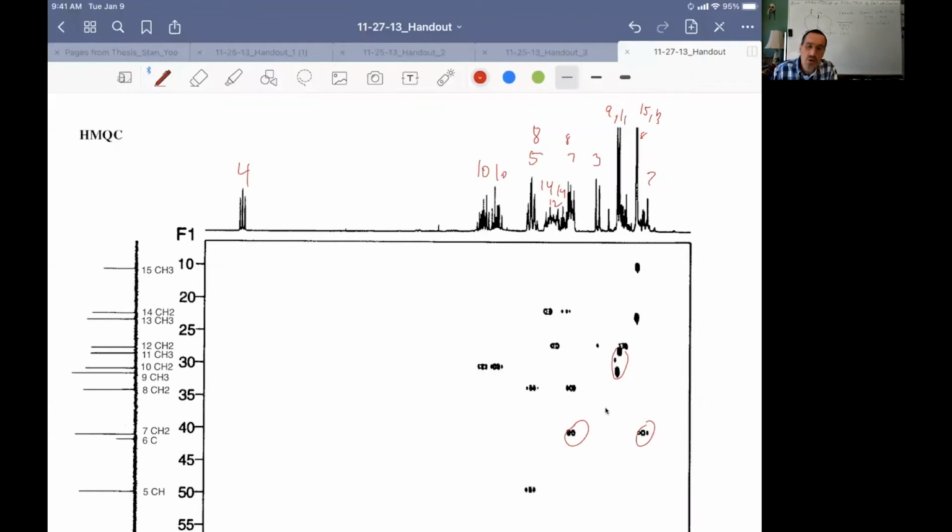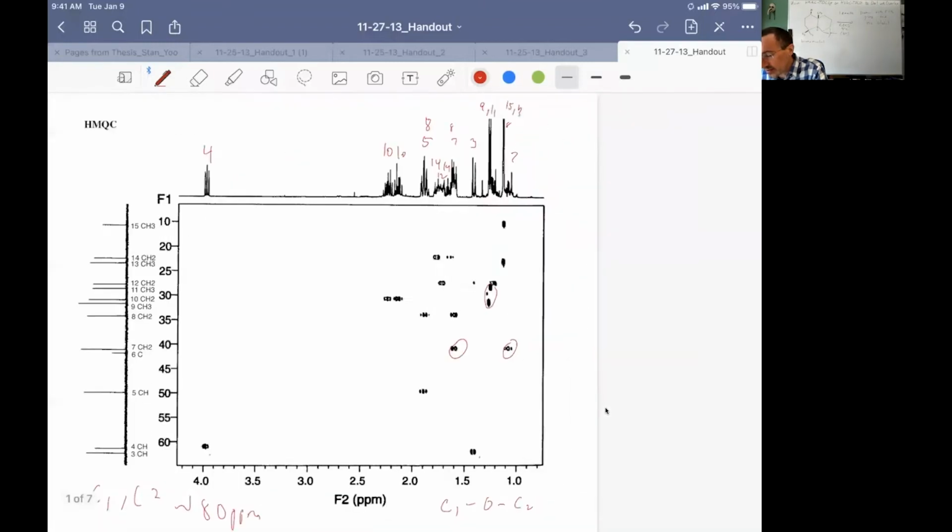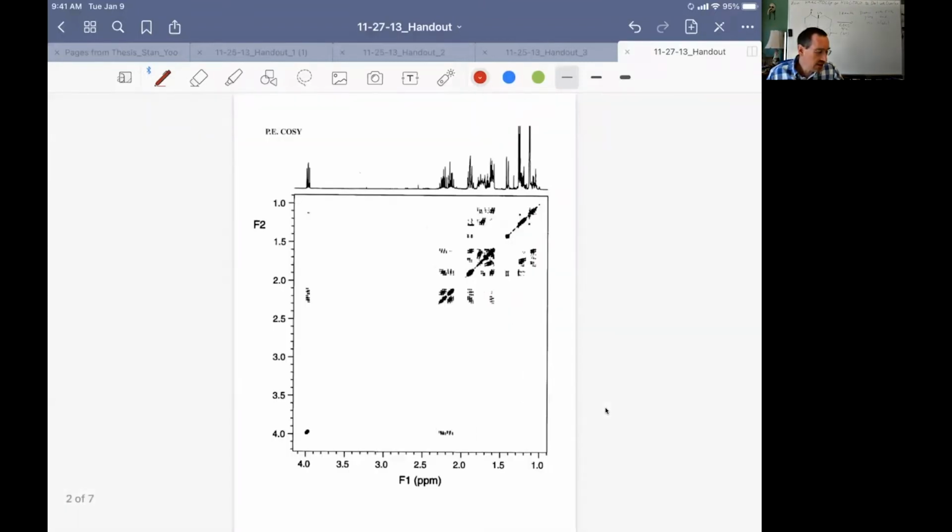If we go to COSY and try to work out our spin systems, normally I say, okay, you go ahead next to the COSY and you try to walk your way through the spin systems, and then you try to use HMBC to put the pieces together. But we go to the COSY spectrum here on the next page, and it's just a mess, right?